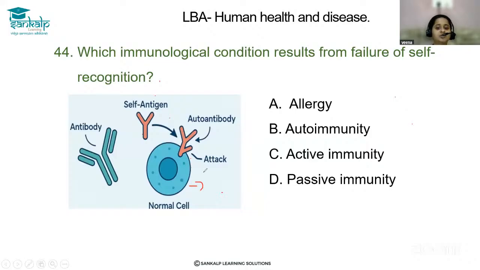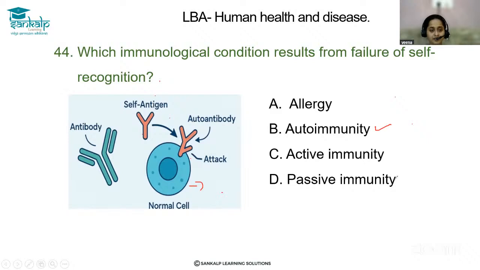So that is what we call autoimmunity. Autoimmunity is a condition that results from failure of self recognition, where it attacks its own cells. So that is called autoimmunity, not allergy, not active, not passive. Active immunity is given like a vaccine, that fights against the infection.